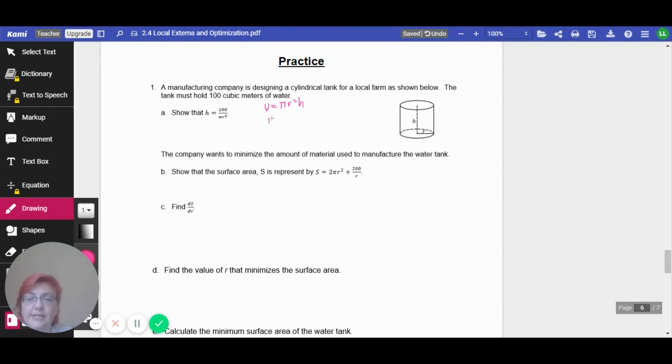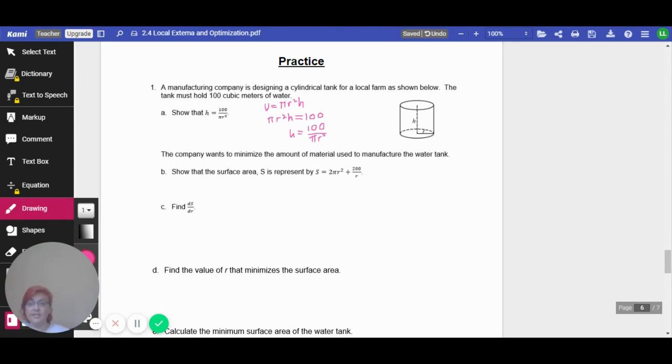So that is pi r squared times h equals 100. All right, then to get h by itself, I simply divide both sides by pi r squared. So h is equal to 100 over pi r squared.